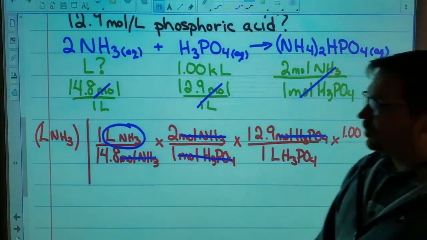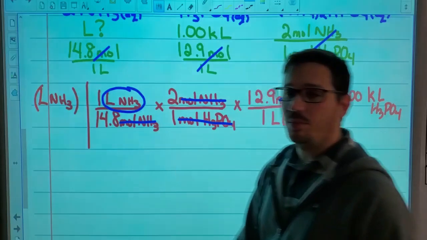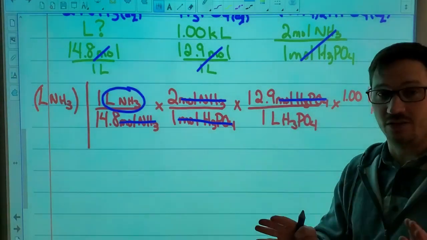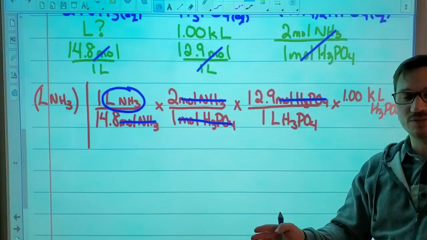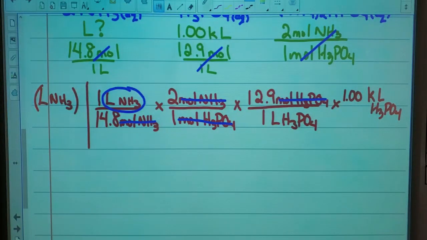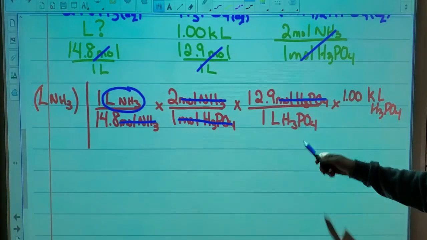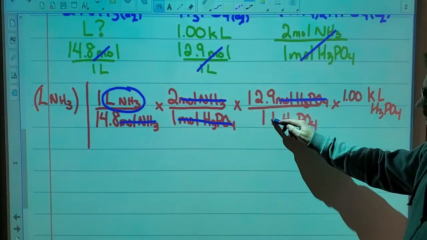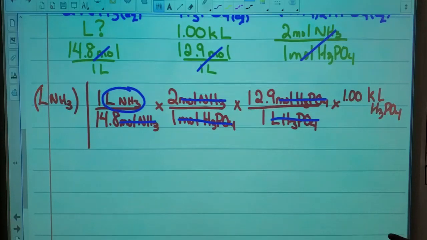So, please focus your attention up on the board here for a second. I want to show you something magical, okay? Magic is about to happen. So, liters of H3PO4 can cancel, but watch this. Liters of H3PO4 and then liters of H3PO4 cancel.